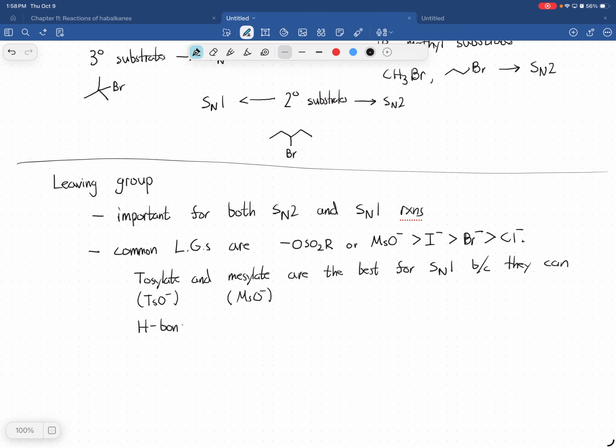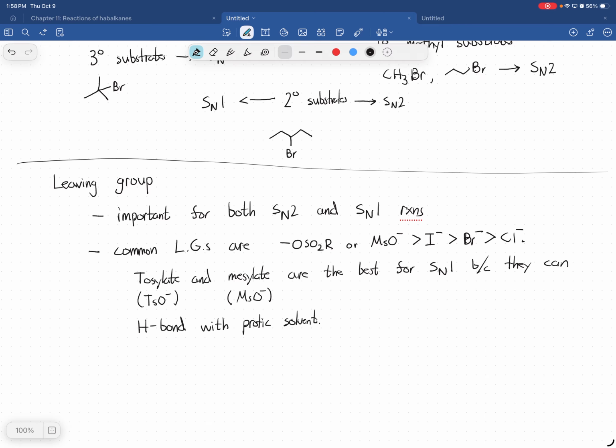If SN2, we like aprotic solvents. What do you think we like for SN1? Protic, and that's because these leaving groups can hydrogen bond with the solvent. So they can form hydrogen bonds with protic solvents.